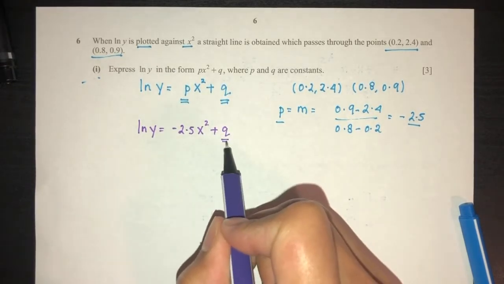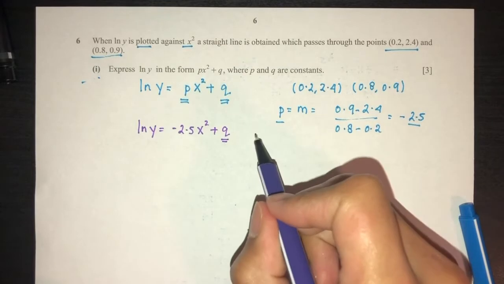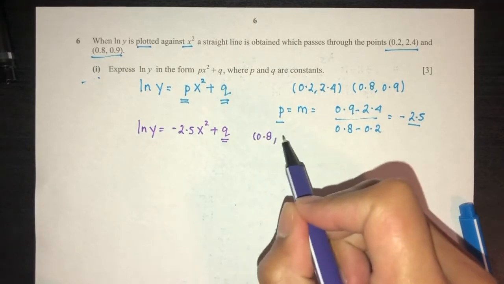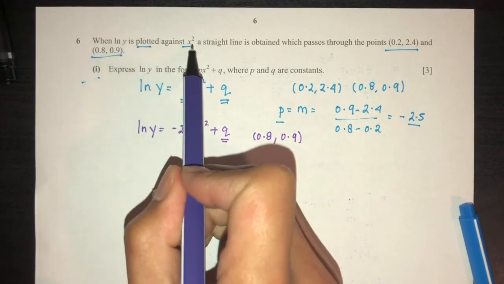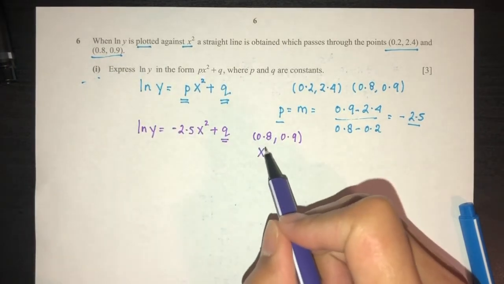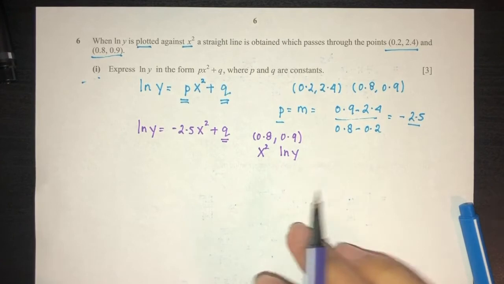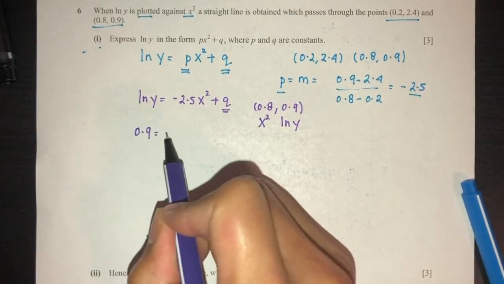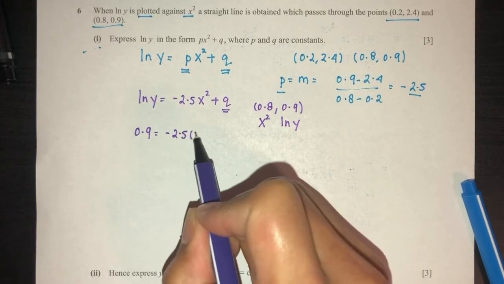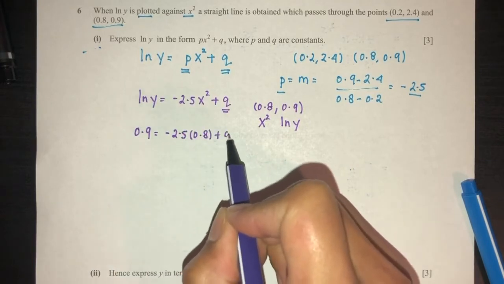Now to find the value of q, we have to use a point. Let's use 0.8 and 0.9. Since ln y is against x squared, that will be x squared and that will be ln y. Replace back in the equation, you will have 0.9 is equal to minus 2.5 times 0.8 plus q.